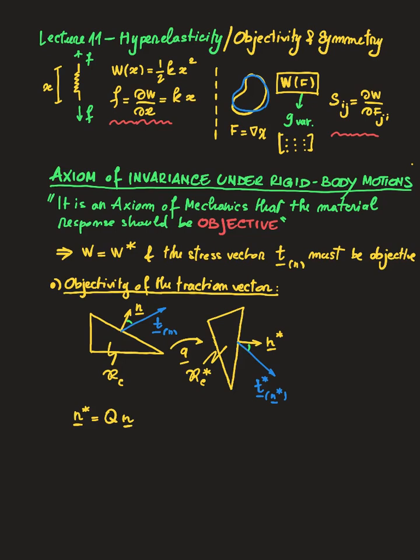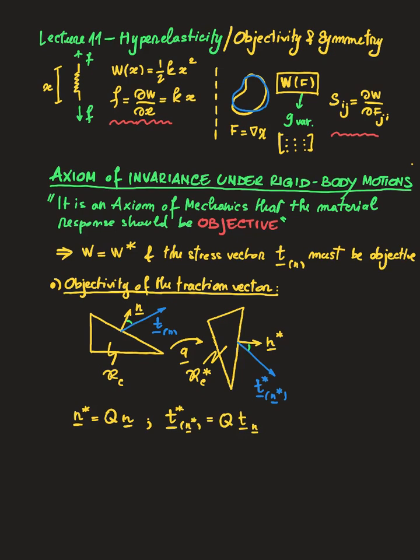And the requirement of objectivity for the traction vector simply translates into the requirement that T star, relative to the rotated unit normal n star, has to be what? This should also be the rotation of the traction vector relative to the original configuration.